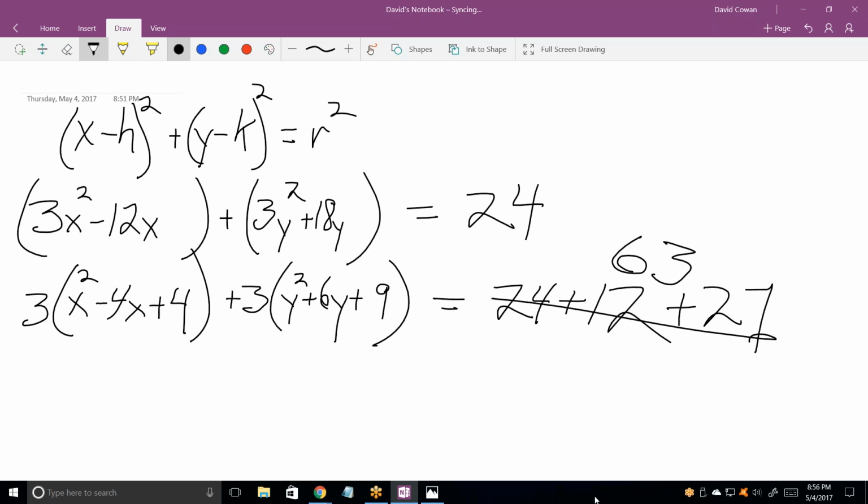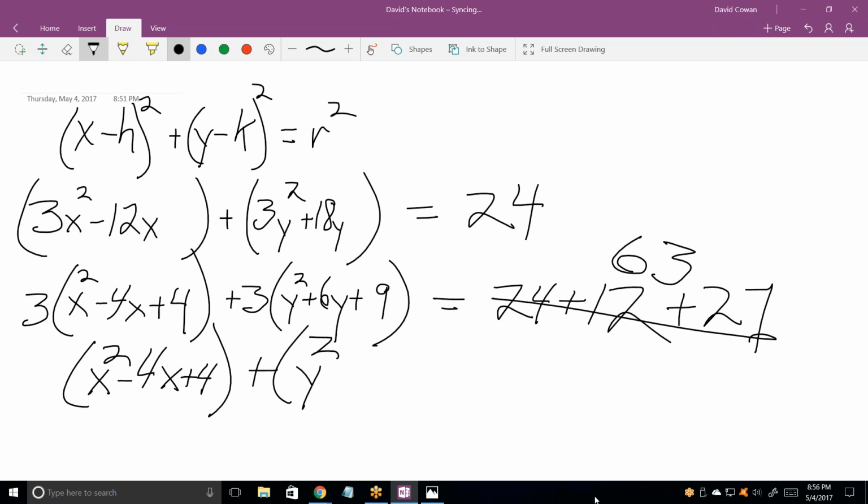True. I'm dividing both sides by 3, leaving, and on the right, when I divide that by 3, I got 21.